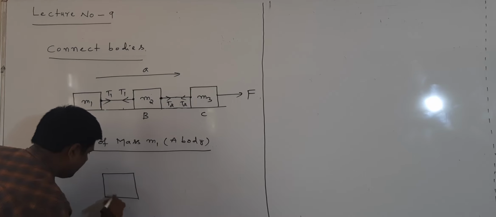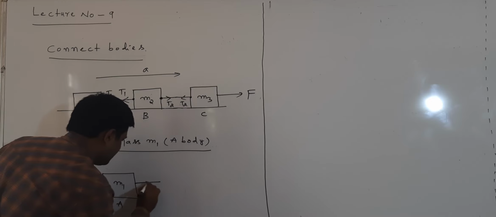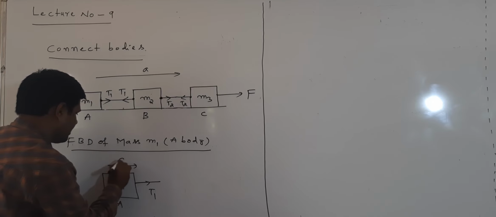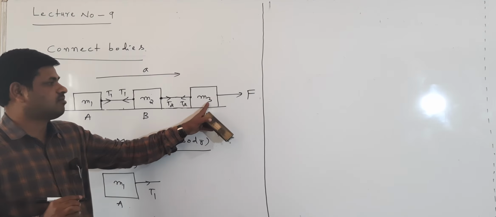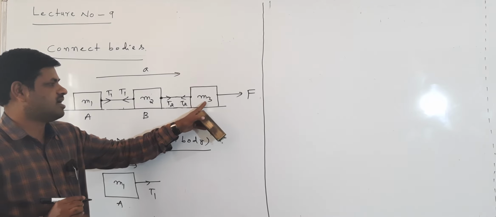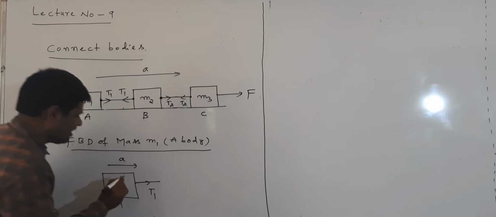This is A having the mass m1. On this body, tension is acting in this direction, and the common acceleration A is acting in this direction. But F is not acting here. F is acting on which body? C body, which has mass M3. It is not acting on the M1 mass. On the M1 mass only tension is acting.